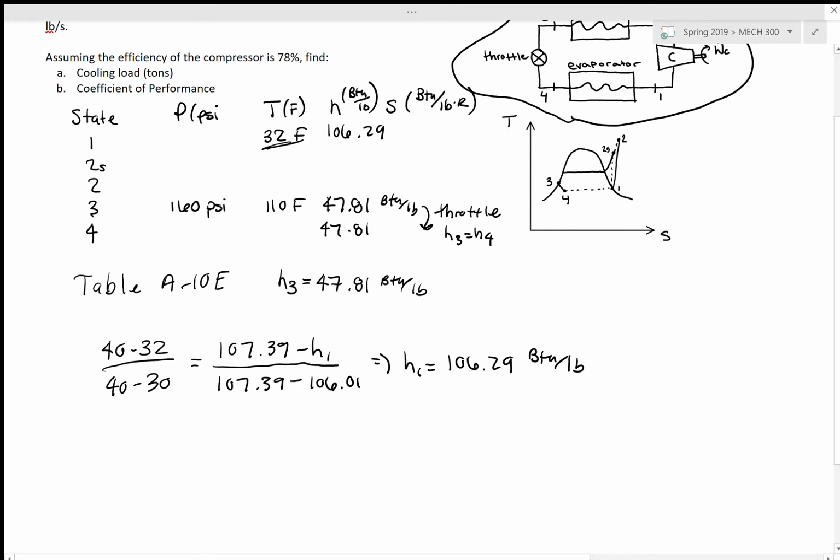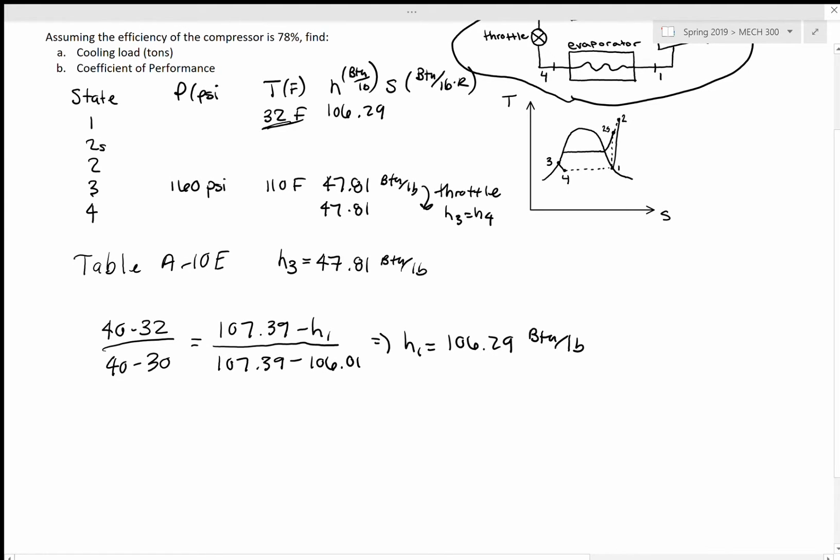So we can throw that up in our table. And we are also going to need our entropy value at state 1, and we're going to have to do a very similar interpolation. So to find that value, we're going to have (40 minus 32) over (40 minus 30) again, and that is going to be equal to (0.2189 minus our entropy value at state 1) over (0.2189 minus 0.2196).